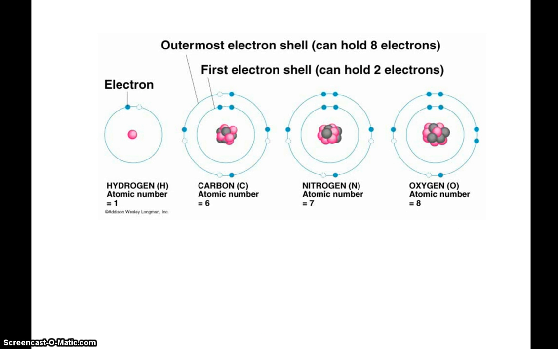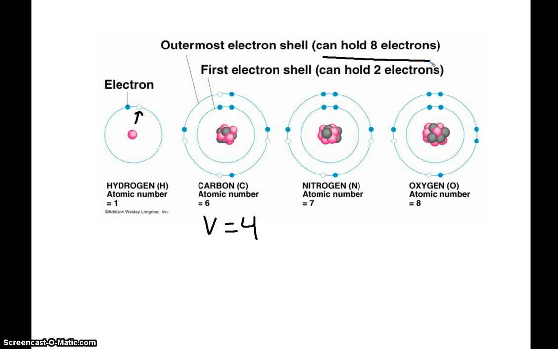In this diagram, here's hydrogen, which we saw before. Here's its 1 electron, and you can see it has the potential to hold a second electron. The white ones here are electrons that are not there, but it could hold. Carbon we saw in the very first picture, and we said that carbon has 4 valence electrons, but it has the potential to hold 8 because it has that second energy shell.